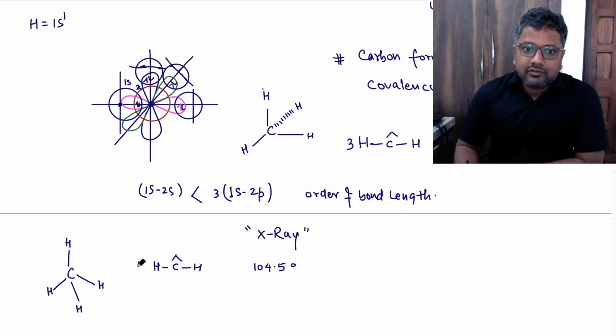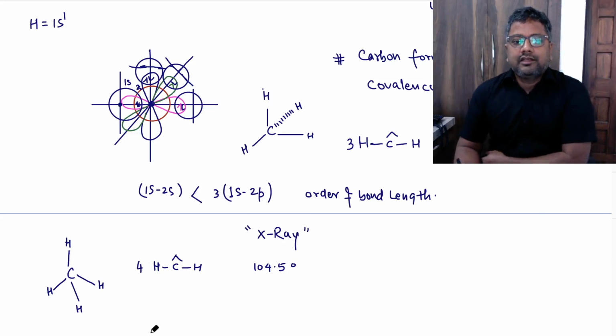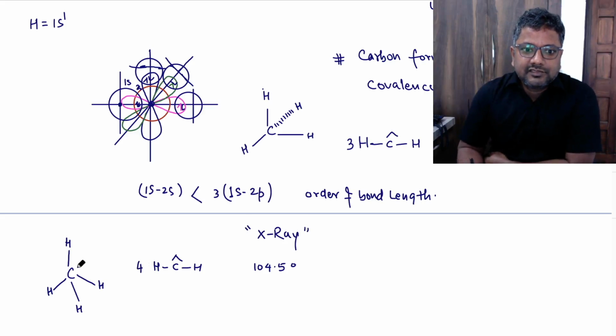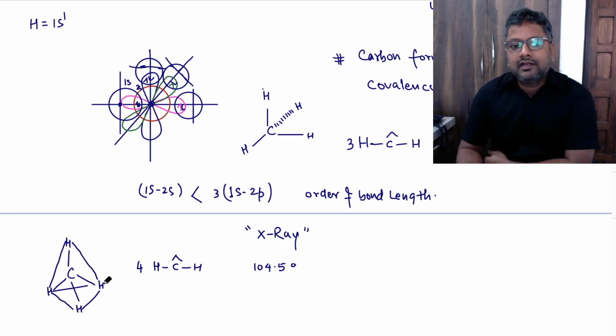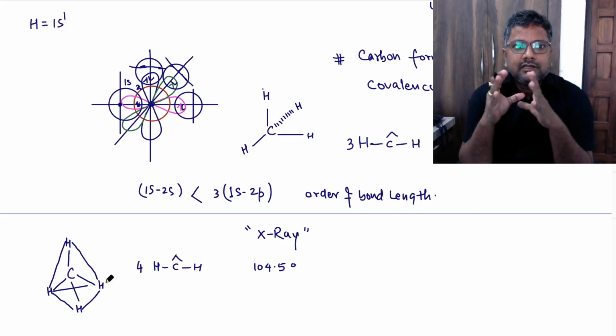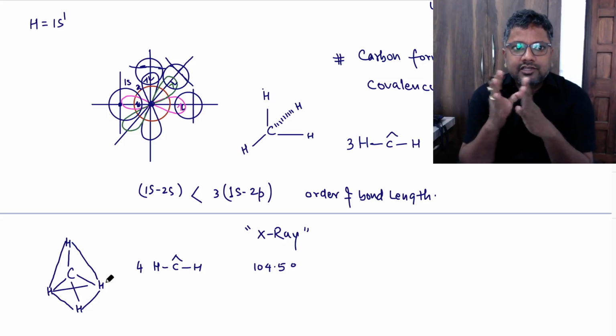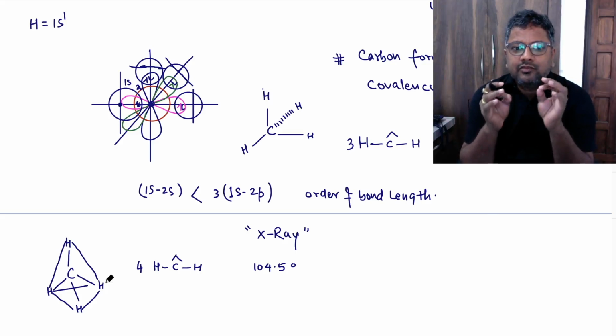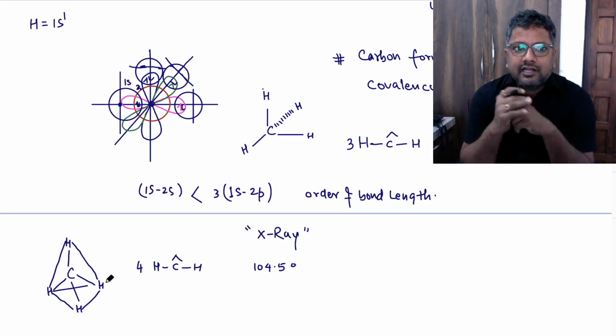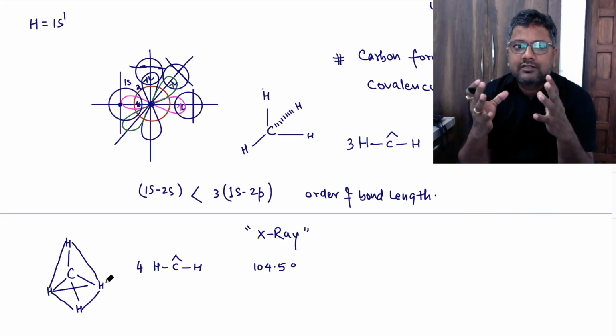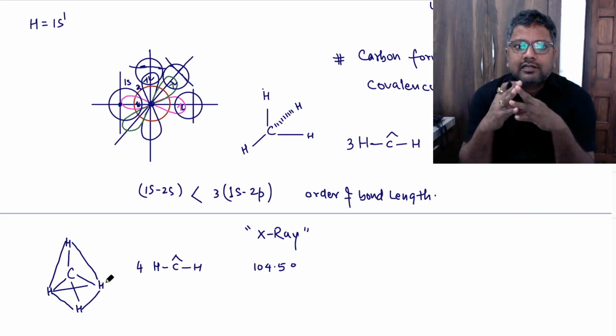So all four CH bond angles. See, this is a regular tetrahedron, and how to make the regular tetrahedron? You can prepare this regular tetrahedron by considering a cube. Take the center of the cube, put carbon at the center of the cube and put 4 hydrogen at the alternate corners of the cube.